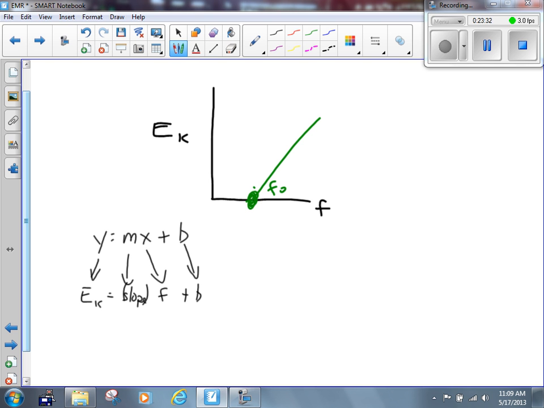Is there a y-intercept here? Yes, there is. You see in this picture right now, it appears as if there's just an x-intercept. But think about this logically. If there's an x-intercept, it doesn't go through the origin. If it doesn't go through the origin, then there's also going to be a y-intercept. Now that y-intercept would be down here somewhere.